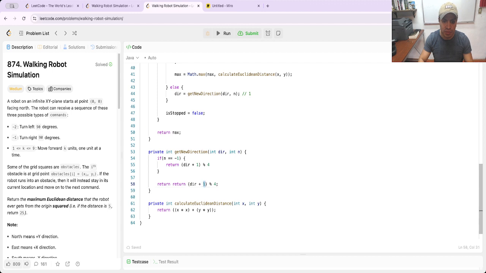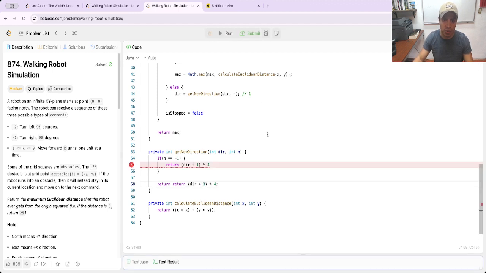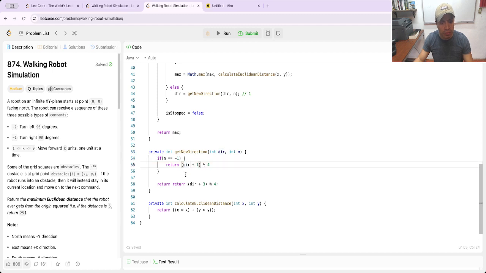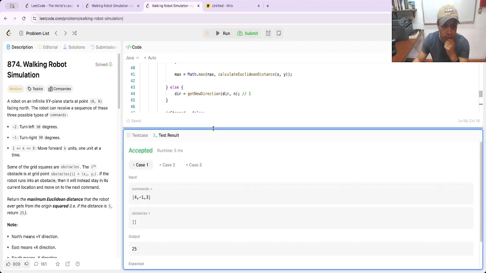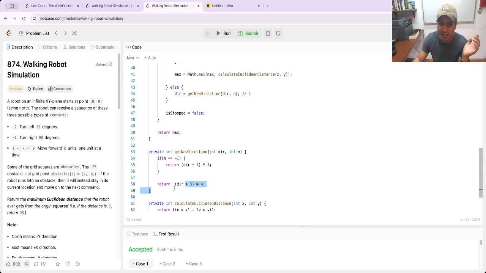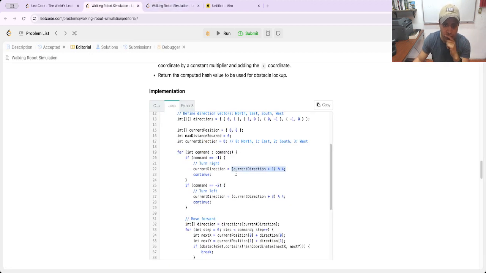In this case it is plus 3 and it should work. Return dir plus 1. Yeah, it's much better this. It's very brilliant, this way to change the directions.